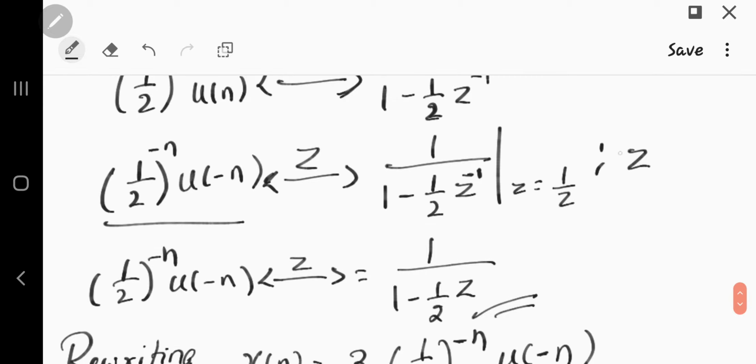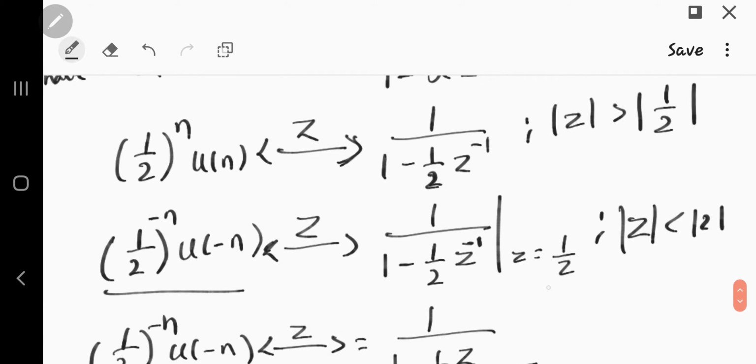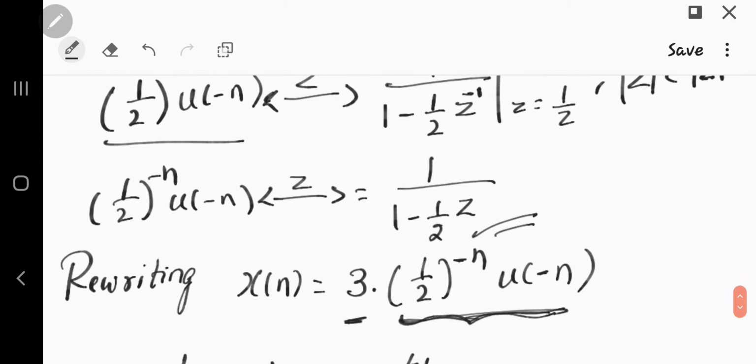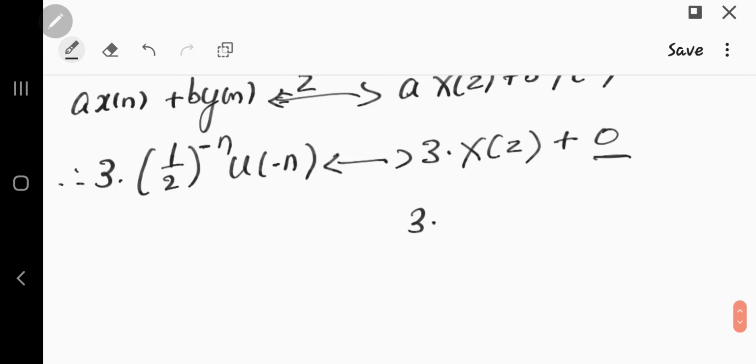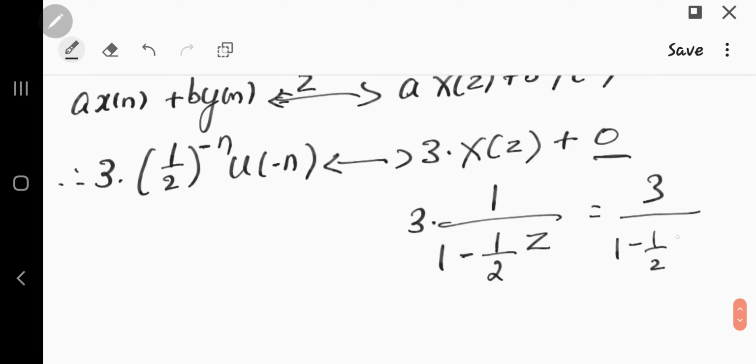And here, what happens to z? z will be less than 2, because we have replaced z with 1 by z. Coming to this term, 3 into x of z is 3 into 1 divided by 1 minus 1 by 2 z, or we can just write it as 3 divided by 1 minus 1 by 2 z.